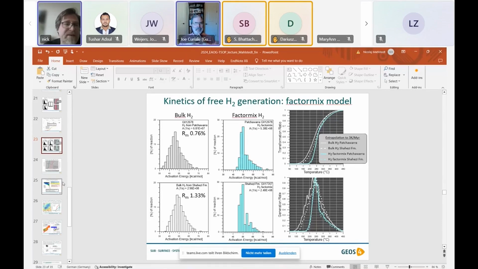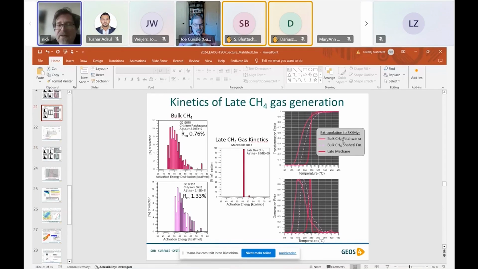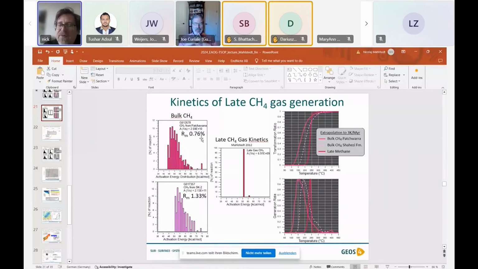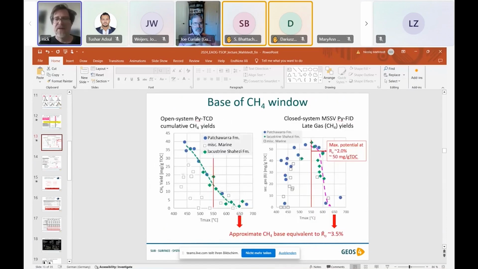Okay. And that is why it is really important to use those natural maturity series, because for this low frequency factor, we had this generation of late methane, which really is finished at 250 degrees, which is equivalent to roughly 3.5% vitrinite reflectance. And we saw the very same phase out for the natural maturity series at 3.5% vitrinite reflectance.